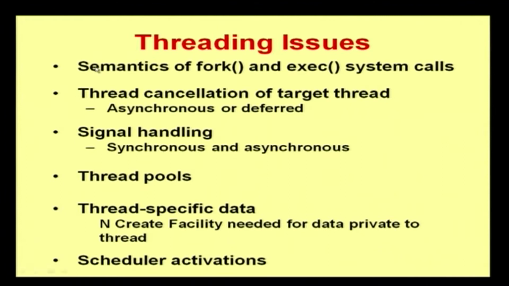Issue number 1, the semantics of fork and exec system calls. What is a fork? When do you generate a fork call? A fork system call is called when you want to create a child process. I suppose we have seen these things in the process management lecture. A fork system call is used in order to create a child process.